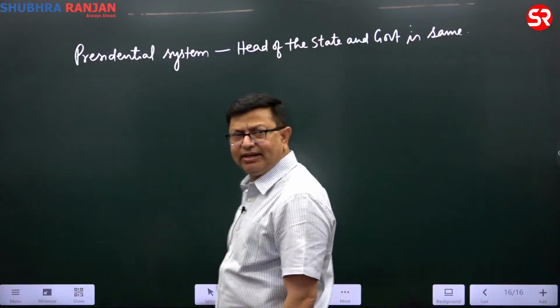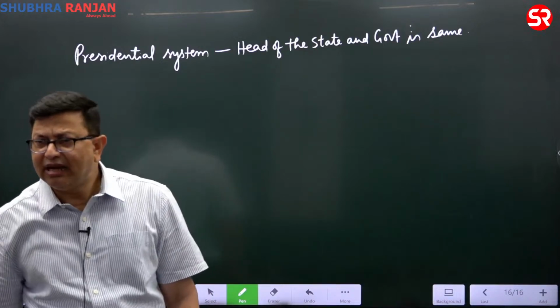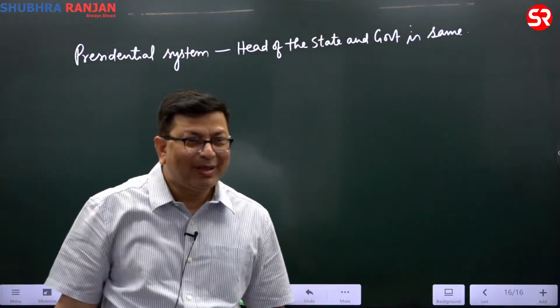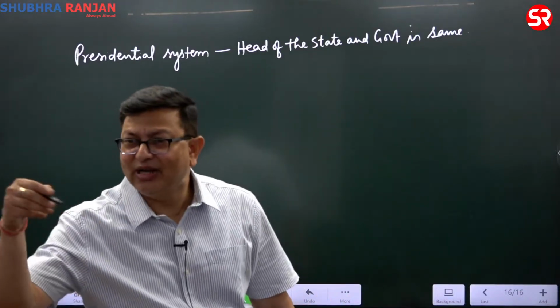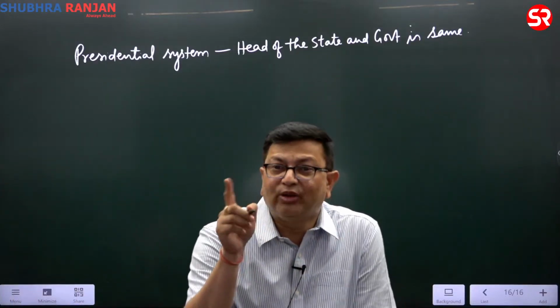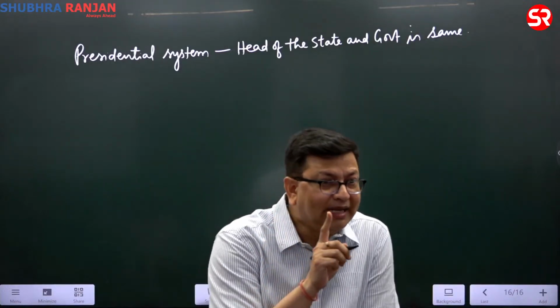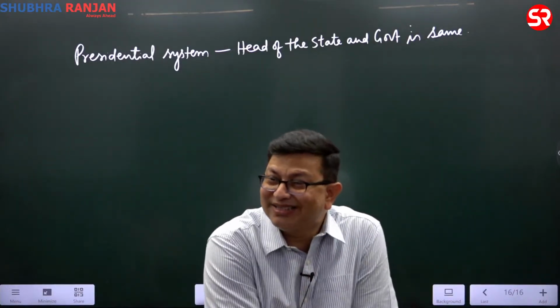The US president is the head of the state and he is the head of the government. As the head of the state, he is the signing authority everywhere and he takes all the executive decisions, not all the legislative decisions, he takes all the executive decisions.